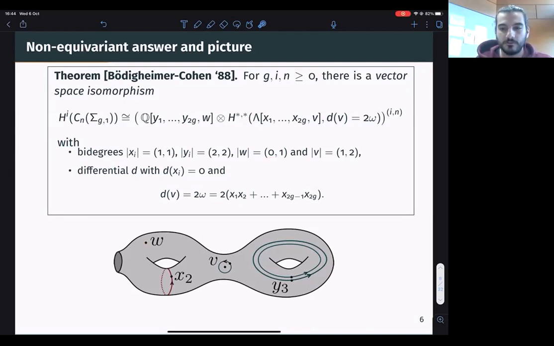So 0 is the degree and 1 is the number of configuration points. I want to think of x_i as one particle moving along a curve, for example x_2, because that's the curve e_2 that I drew earlier. One particle moving along a one-dimensional curve.